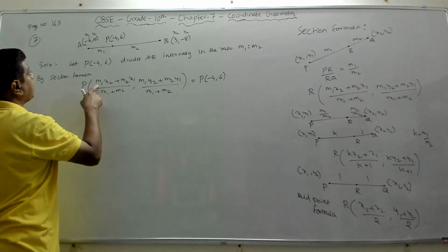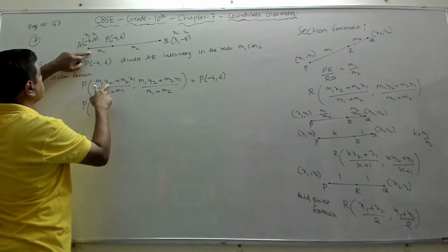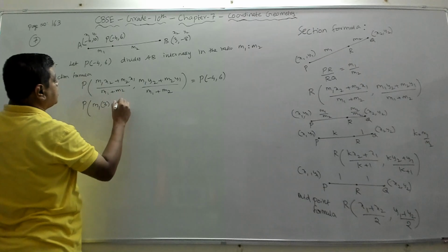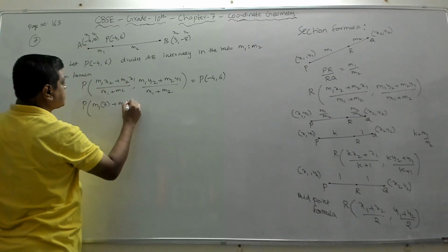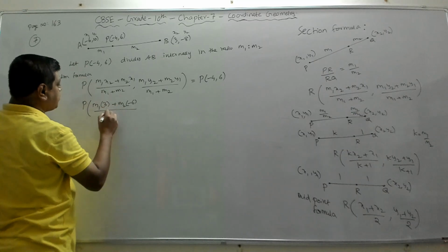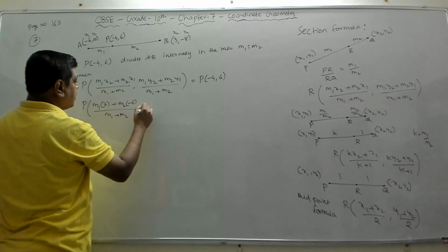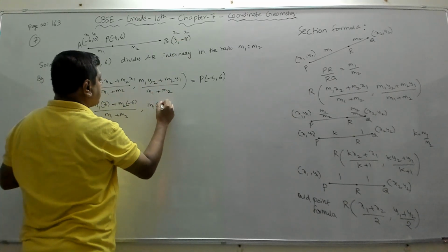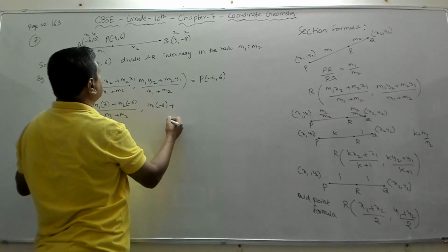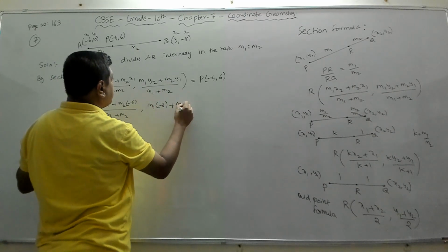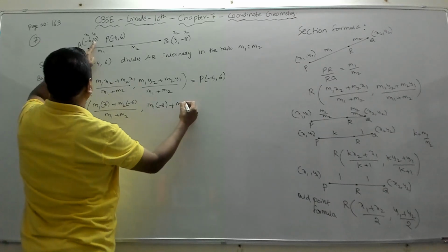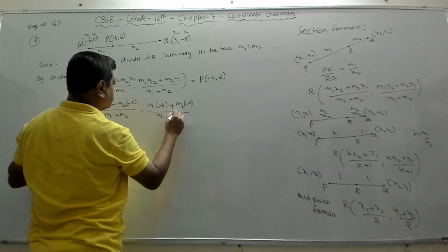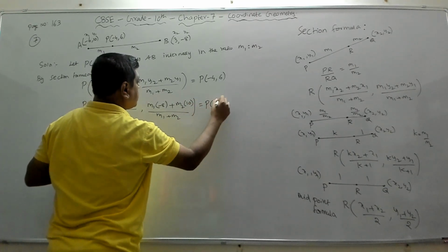That is P of m1 into x2, x2 is 3, plus m2 into x1, x1 is minus 6, by m1 plus m2, comma, m1 into y2, y2 is minus 8, plus m2 into y1, y1 is 10, by m1 plus m2. That is equal to P of minus 4 comma 6.